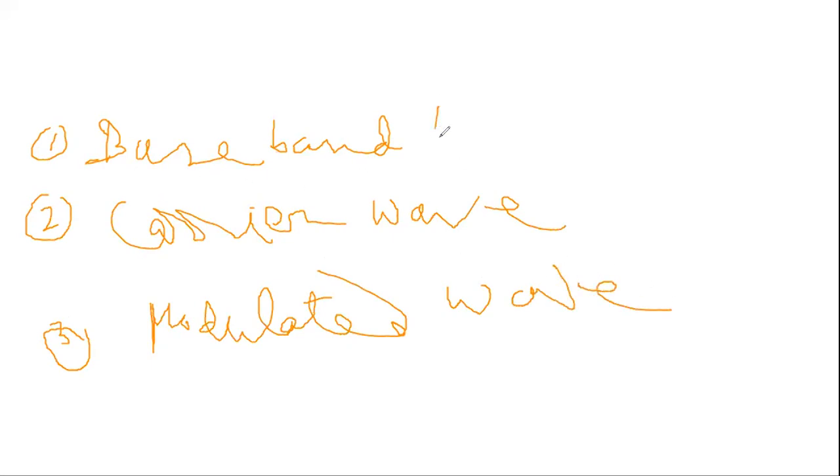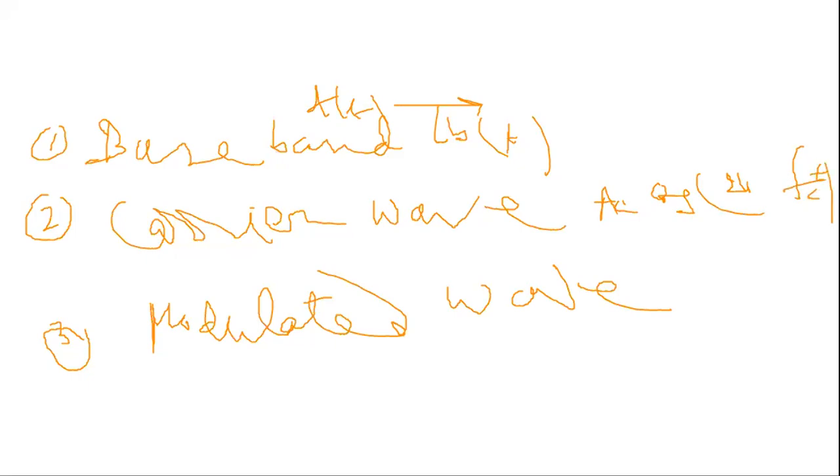So the baseband signal BT, from DT to BT conversion you have to show here. Then the carrier wave, that is A cos 2 pi FCT waveform, and now the modulated wave, that is S0T. You have to show the waveforms together, okay.